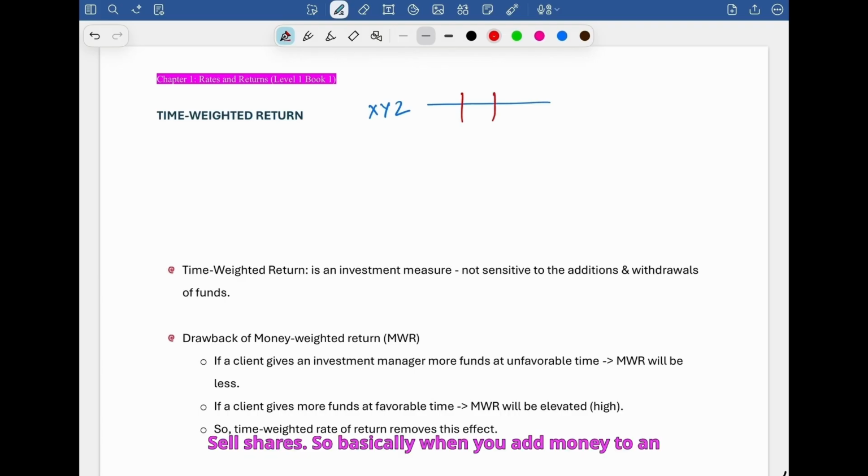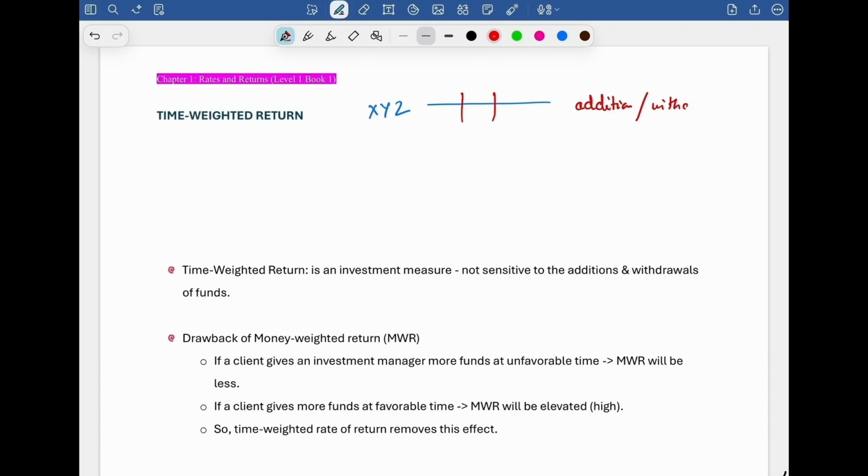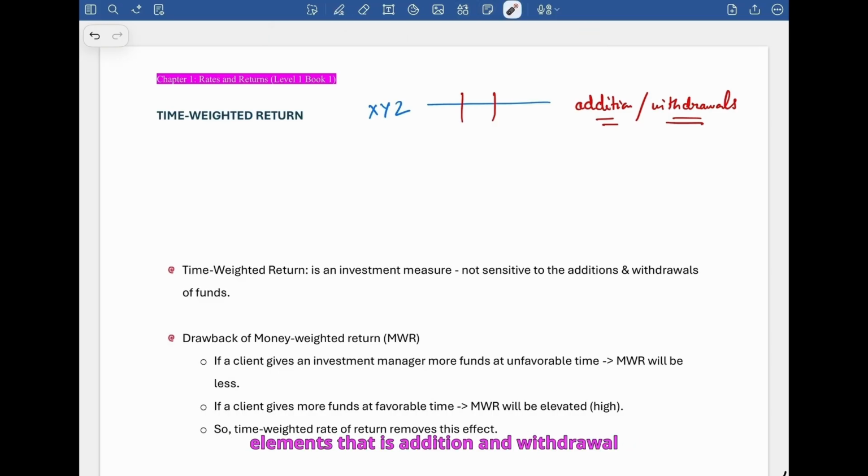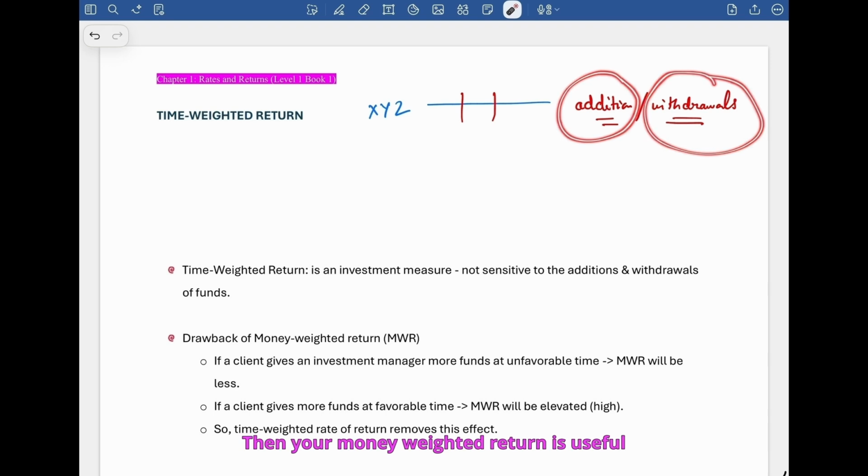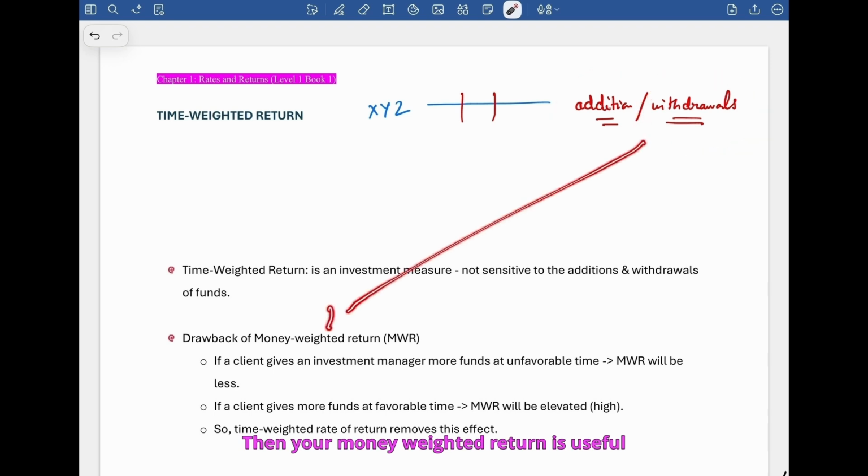So basically, you add money to an investment or withdraw money from it, several times. Because of the addition and withdrawal of funds, if you want to measure the return considering these two elements, then your money-weighted return is useful.